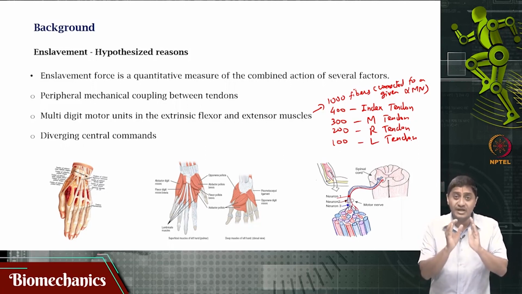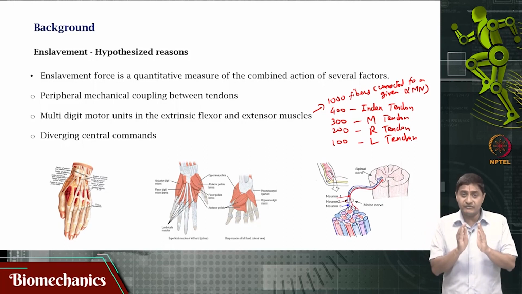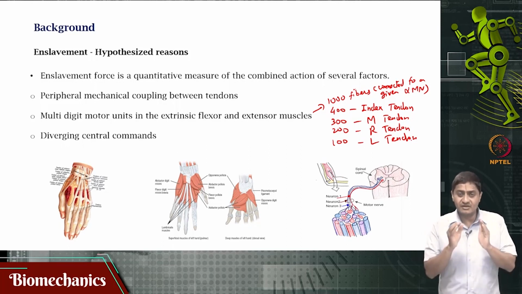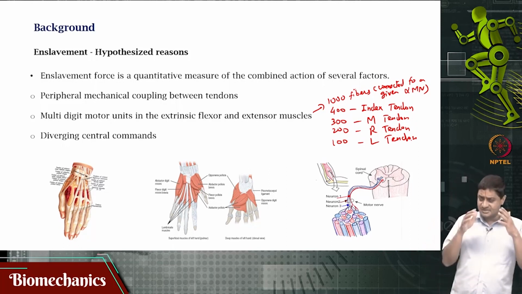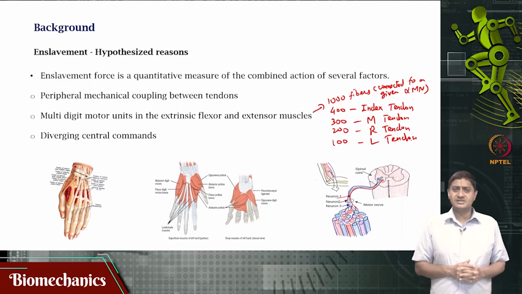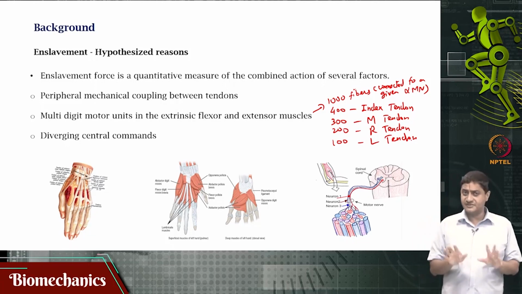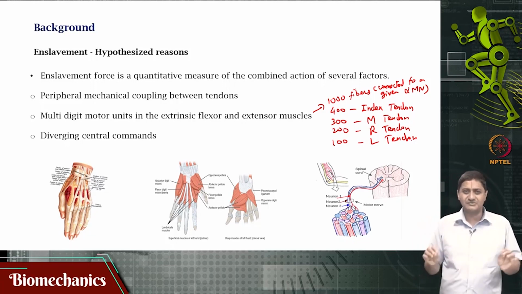If this was the only tendon, if this was the only motor neuron and the muscle fibers that are contracting at that time. Let us assume that this is the only motor unit that is contracting at that time, for the sake of discussion. So, many assumptions we are making.